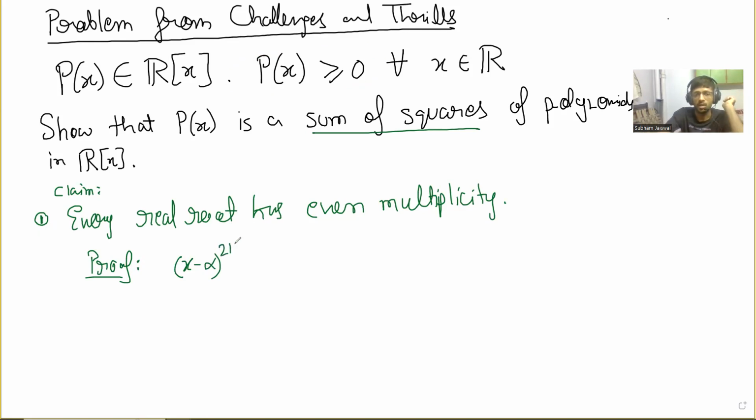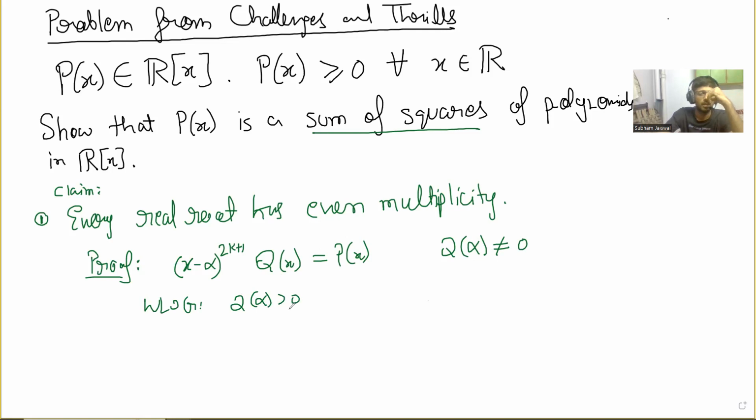So if it's a root with even multiplicity, then you have Q(x), which does not have a root, so P(x) can be written like this, and Q of alpha is not equal to 0.